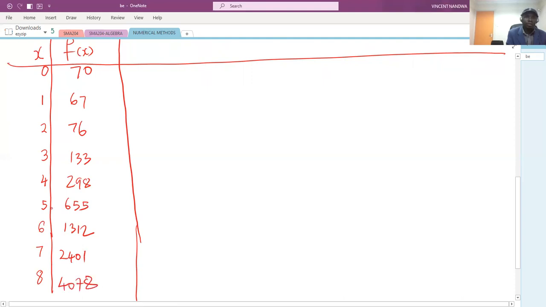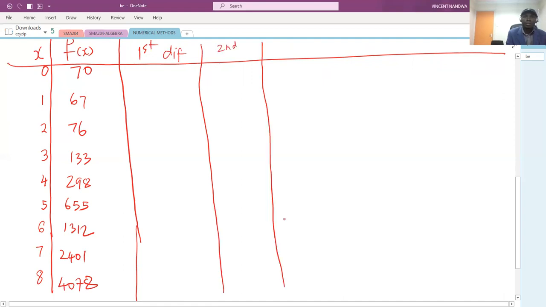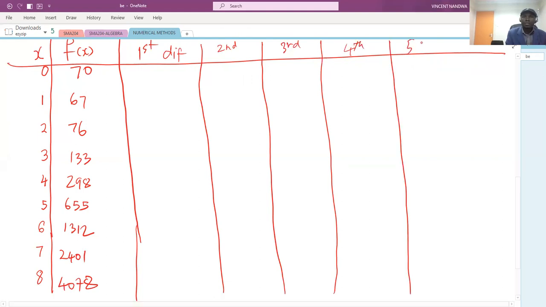So you skip a line, and then you call this one first difference, second, and then we have third difference, fourth difference, fifth difference, etc.